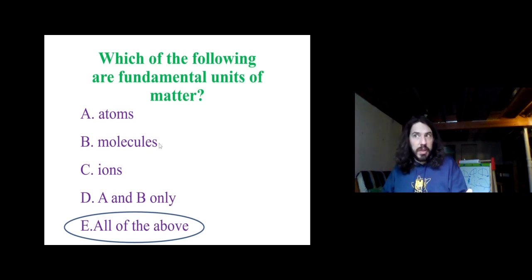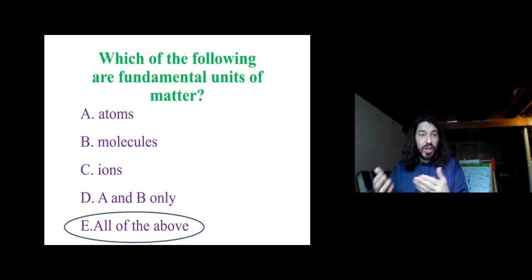Molecules, as we'll learn here in a bit, are one way of atoms bunching together to form new substances. And ions are another way that atoms can bunch together or not to form new substances. An ion is simply an atom that's lost an electron or gained an electron. So it either has a positive or a negative charge.